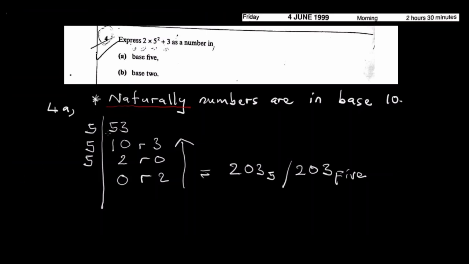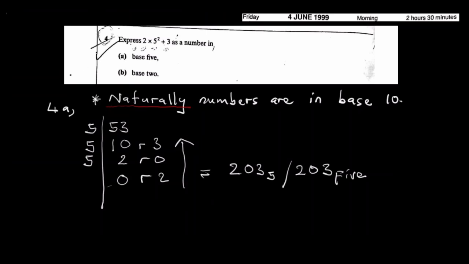So what did we do here? We repeatedly divided 53 by 5 and wrote down the remainder each time. 5 into 10, that's 2, remainder 0. 5 into 2, it's 0, remainder 2. And when we quote our answer, we start from the bottom number going upwards.